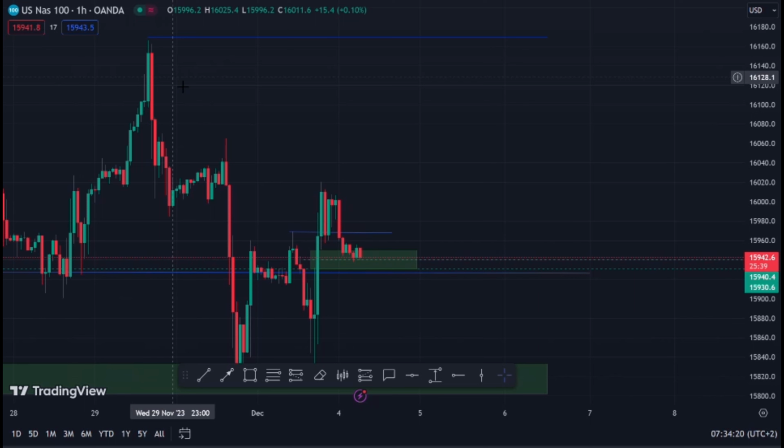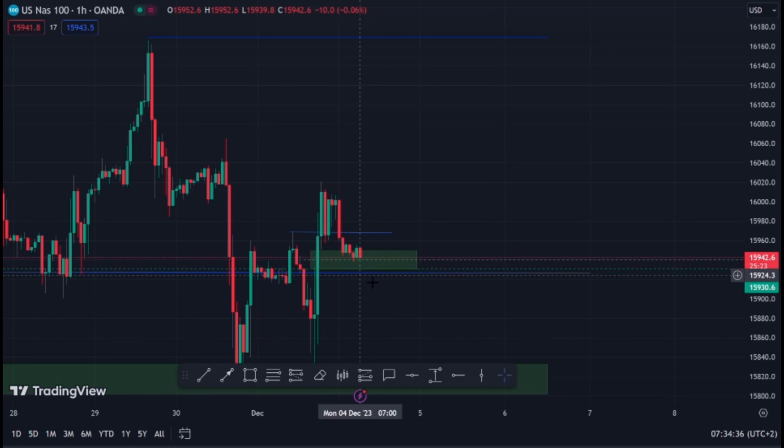So what I would like to see in this area is the market rush to this wick here, rush to the low, and not move so slowly. Because if it doesn't move away quickly when it gets to this area, I know it's going to go low and violate it.